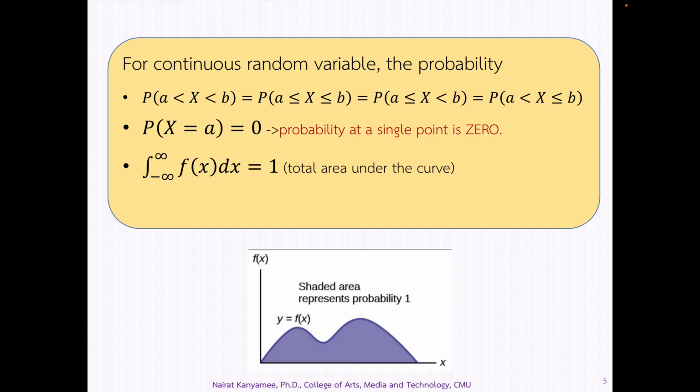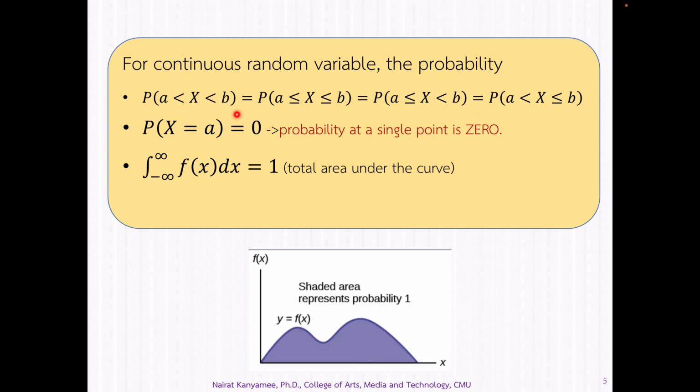Now for a continuous random variable, we have these properties: P of x from a to b, when x is greater than a and less than b, is the same thing as P of x greater than or equal to a and less than or equal to b.